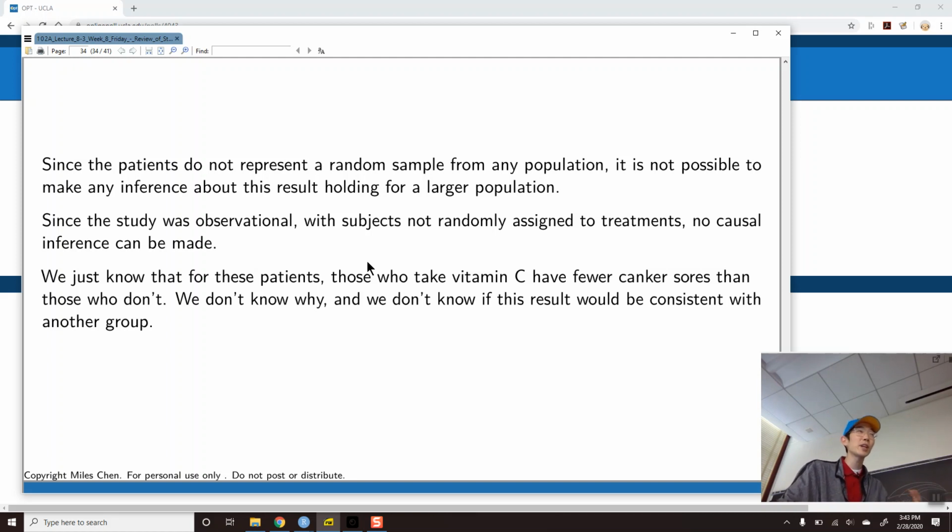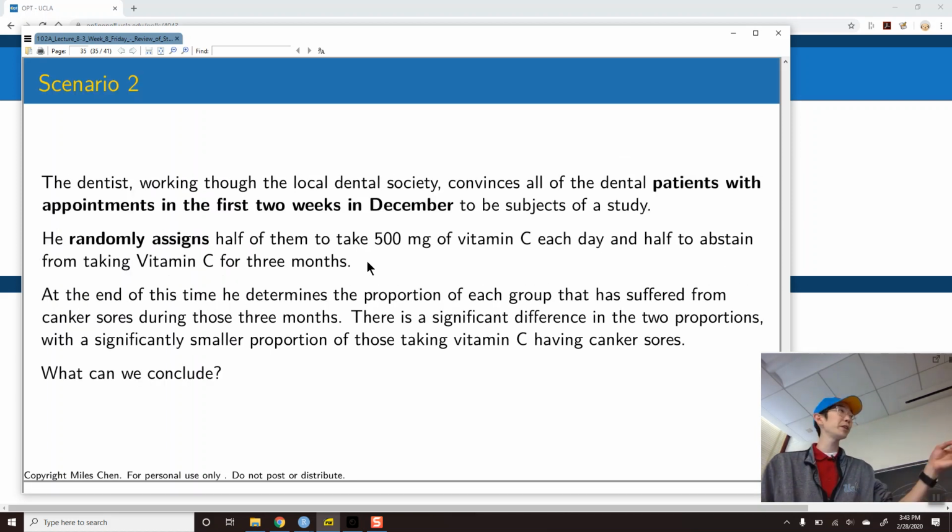And because it's an observational study, we cannot draw a cause and effect conclusion. So all we can say is that for these patients, those who take vitamin C have fewer canker sores than those who don't. We cannot attribute the cause. We don't know why. And we don't know if this result would be consistent with another group. Okay. All right.